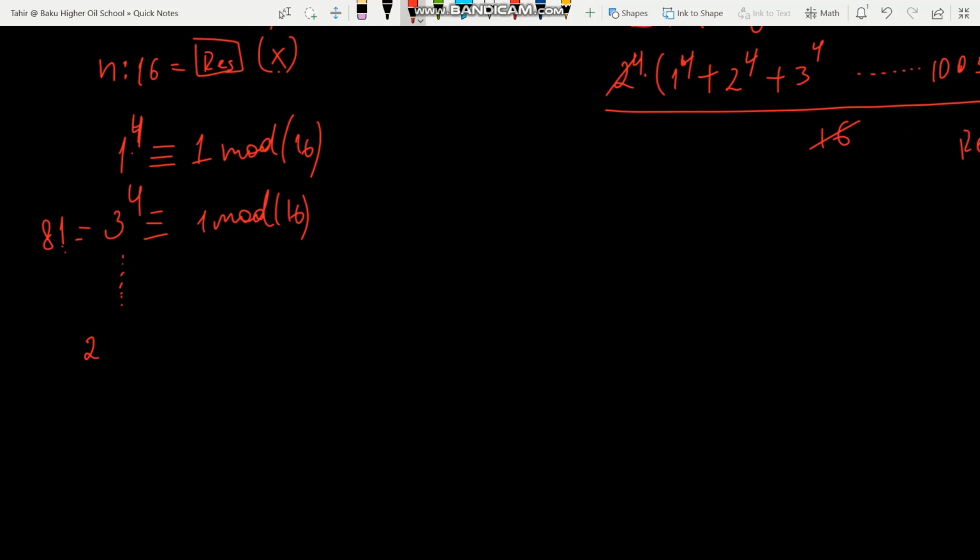All the odd numbers can be shown in the form 2n plus 1, and when we use the power 4 for the representation of all odd numbers, we can write this term here.